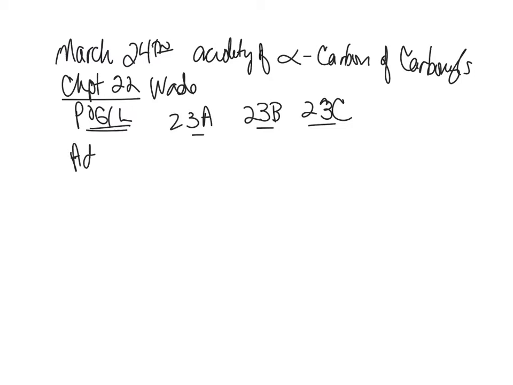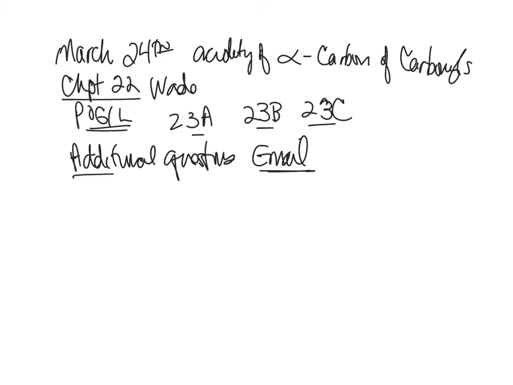You will turn in your additional questions of your POGLs by email. And then if I give you just some kind of online video following the book and the reactions, I might give you a reaction or something, so you can attach that onto your additional questions for your POGL.